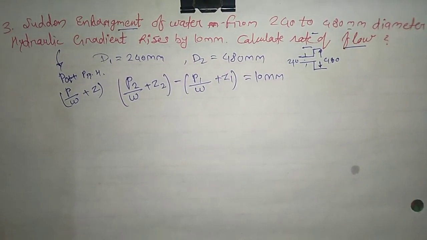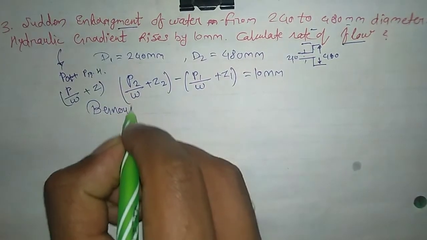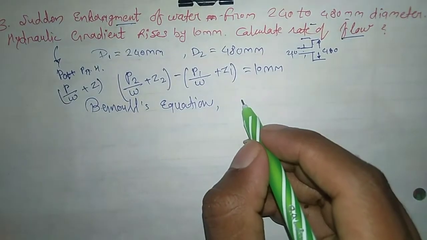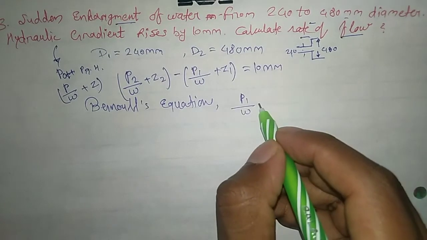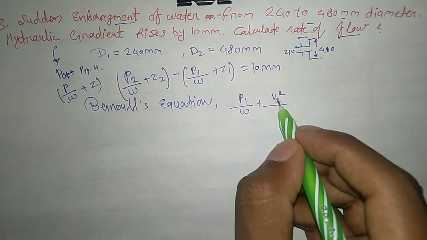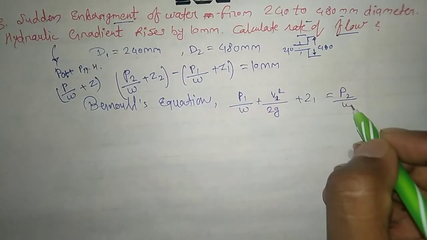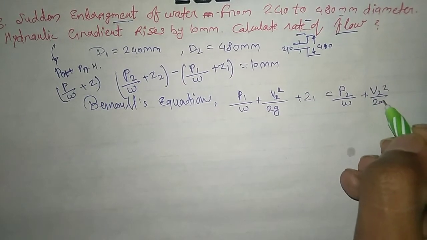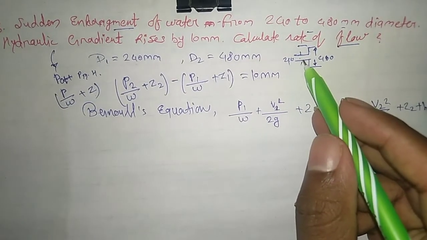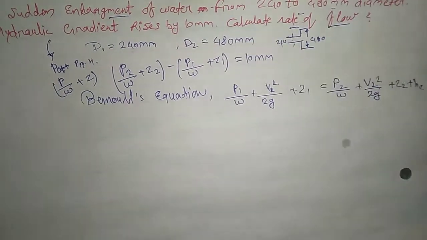So here we have to use Bernoulli's equation, which states that P1 by W plus V1 square by 2G plus Z1 is equal to P2 by W plus V2 square upon 2G plus Z2 plus HE, the head loss, because the increase in the diameter results in the loss of head. So loss of head is added in section 2.